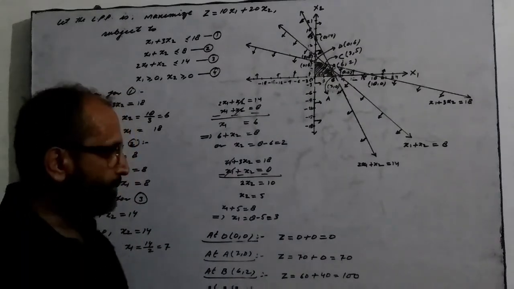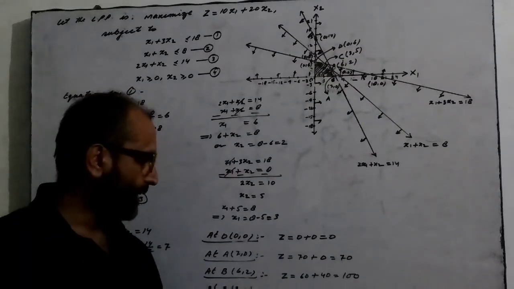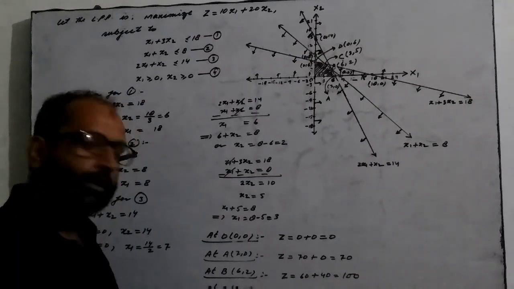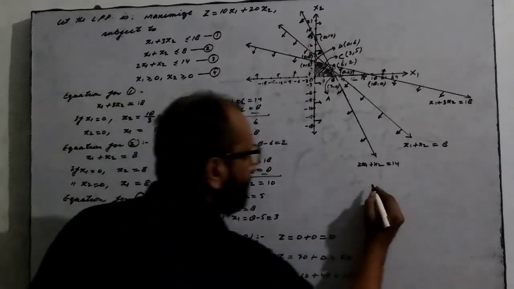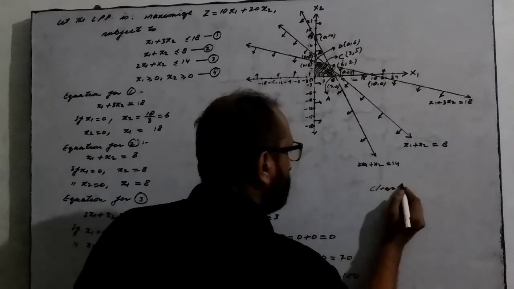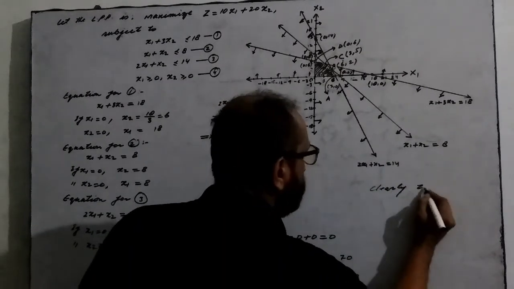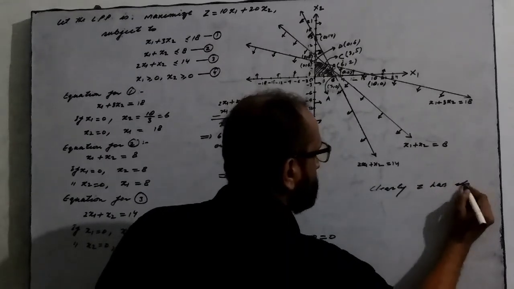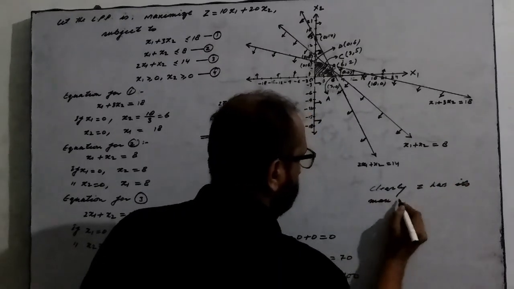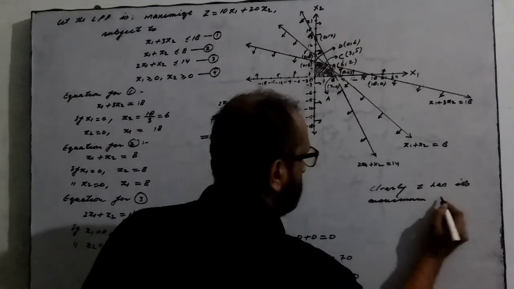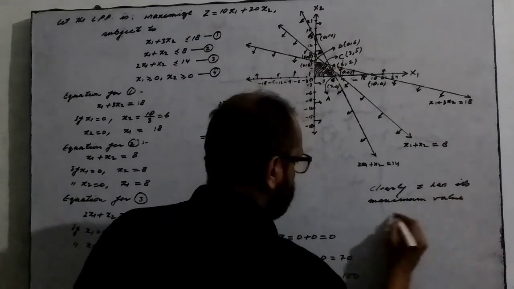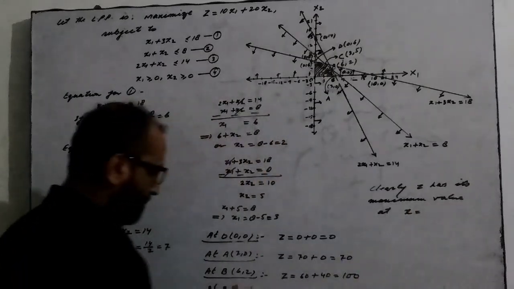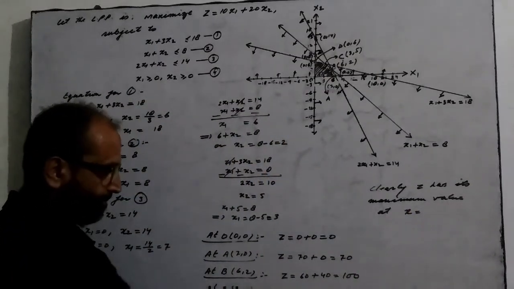So here we have to observe the greatest value of z, that is 130, and which is at C, whose coordinates are 3, 5. So we write clearly: z has its maximum value at C, as we have shown.